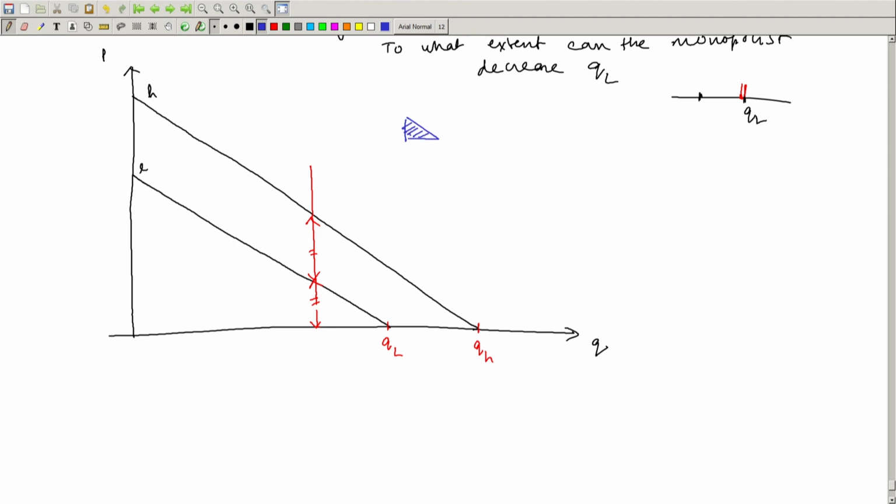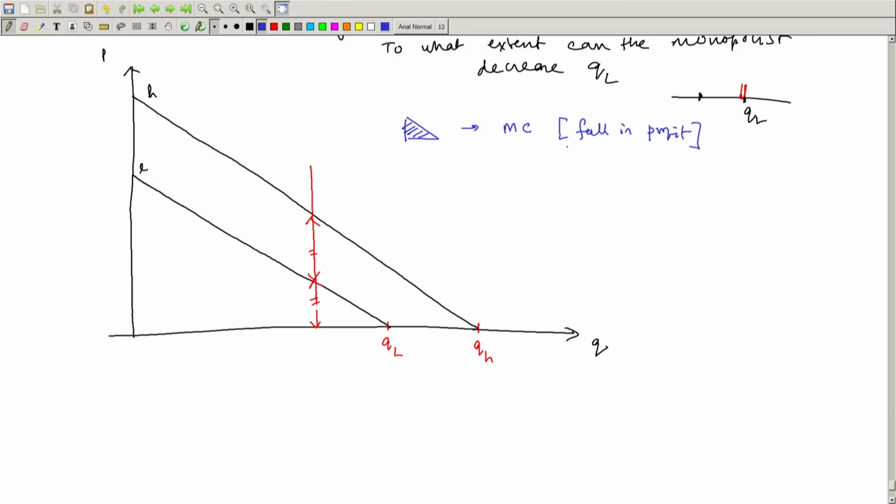And I can offer the following interpretation. I can say that we can interpret the delta as the marginal cost, which is the fall in profit, because I am selling less to the L type, I am selling a lower quality to the L type, right.